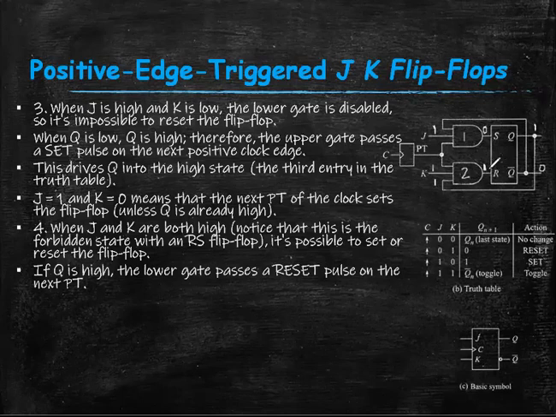That is, previously Qn was 1 and Qn plus 1 is equal to 0. That is changed: Q is changed from 1 to 0.